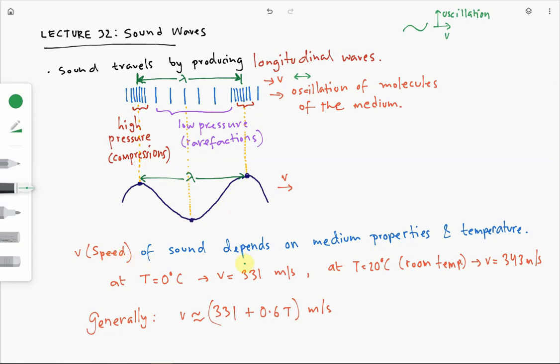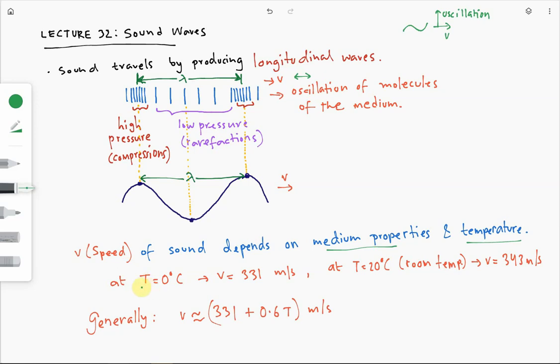The speed of sound waves, the speed at which sound waves propagate in a medium, depends on two things: the medium properties. For example, air is a different medium than water, so the sound wave will have different speeds in air and water. And also, the speed depends on temperature.